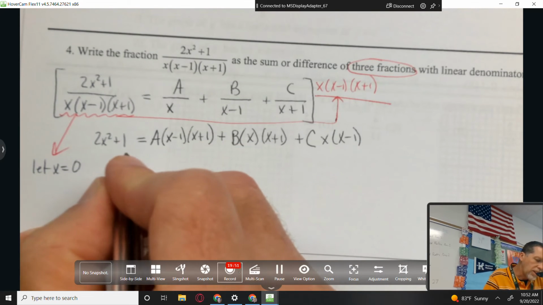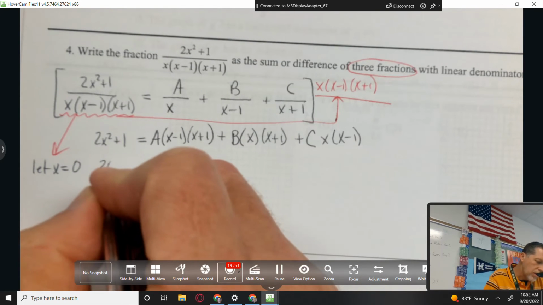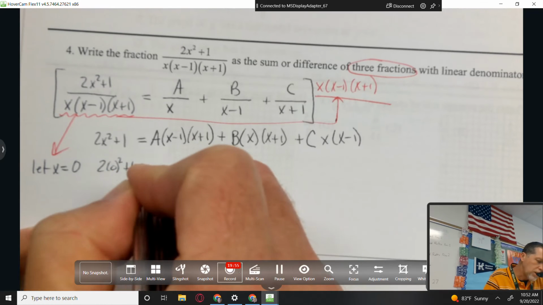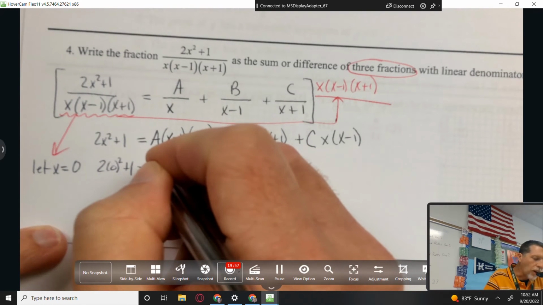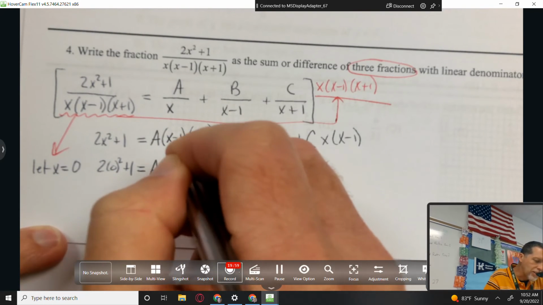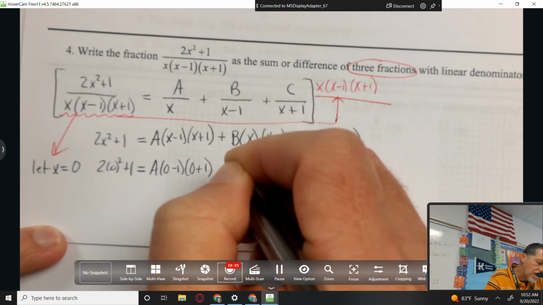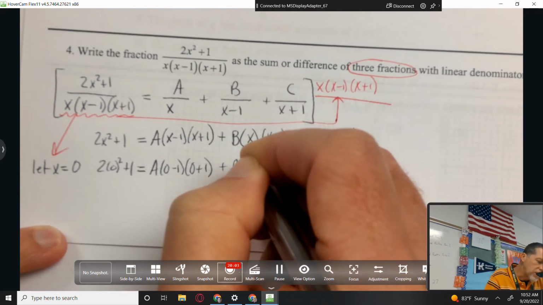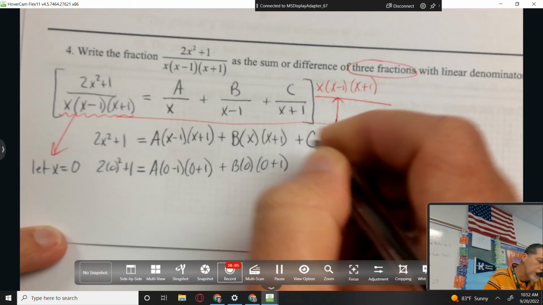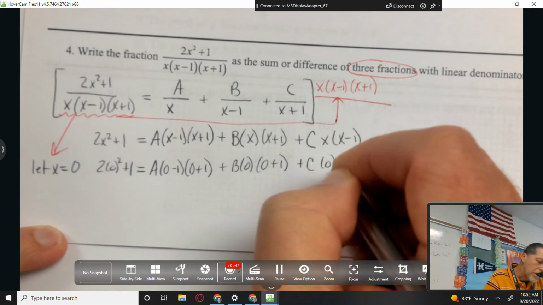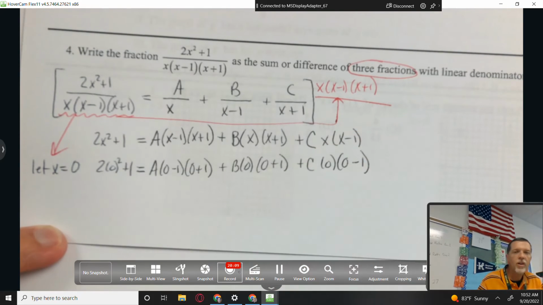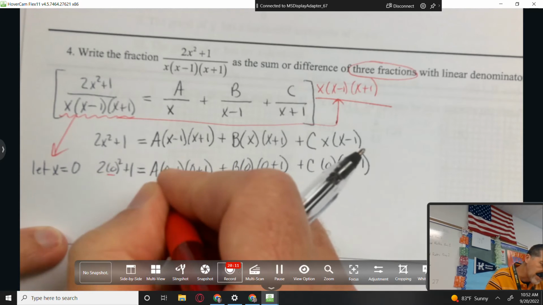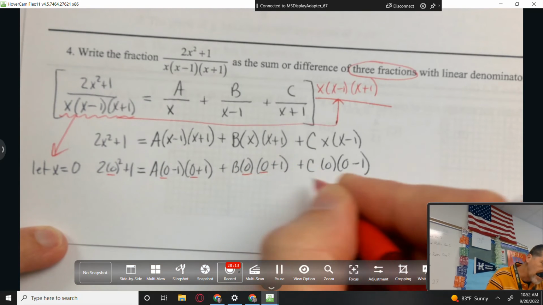So if I plug in 0, 2 times 0 squared plus 1... Okay, for the first one, I'm going to write it all out and see what happens. Some of you will start to shortcut this by a little bit, and that's okay. Right now, I'm going to plug in 0 everywhere there's an x. All 7 places.